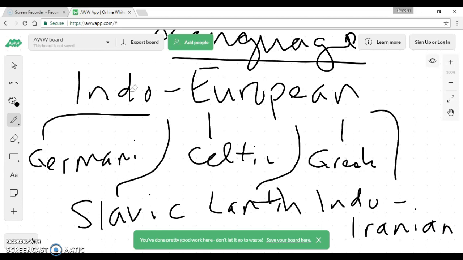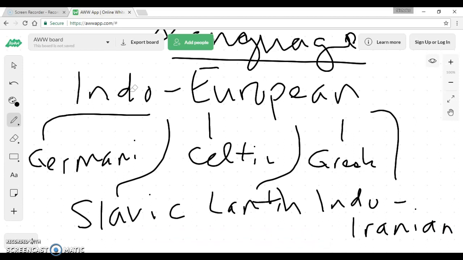Okay, so these languages have historical connections to each other. They all have a similar cultural hearth, and they have words that at some point in history can be traced back to this common ancestor.